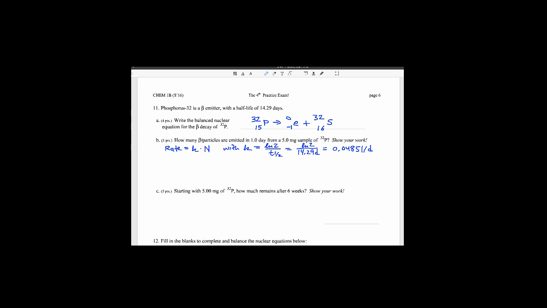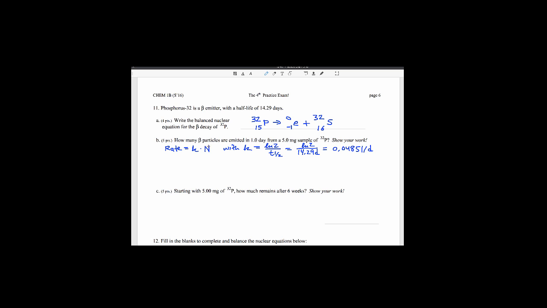Now, to get the number of beta particles emitted in a day from this 5 milligram sample, if we calculate the rate of decay per day, then that's approximately the number of beta particles emitted in a day, if we assume that the rate of decay is fairly constant over the course of a day. Now, of course, the rate of decay is always changing.